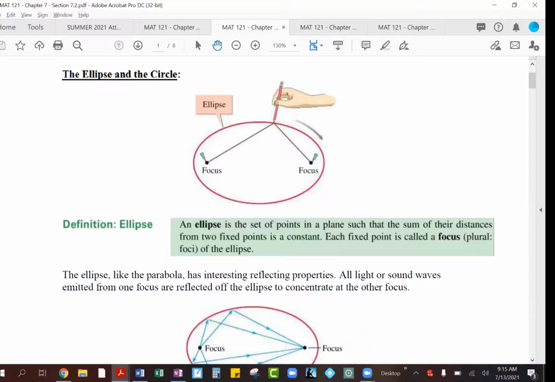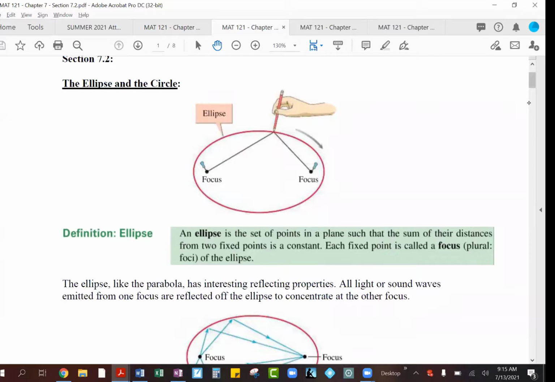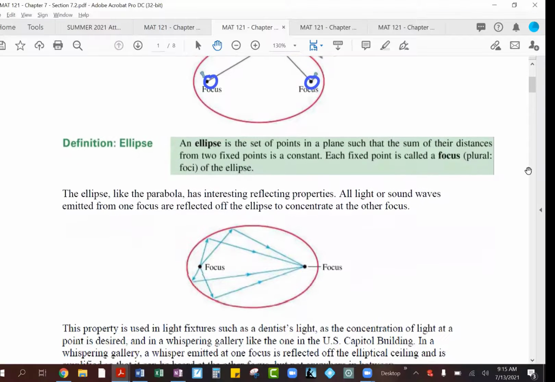So basically what happens is, as you can see over here, they're demonstrating how you can draw an ellipse. You can attach a string to 2 nails, or this looks like tack pins, and then just run a pencil around, and it gives you the shape of the ellipse. And the place where you attach those 2 nails or tack pins is where the focus of your ellipse is going to be.